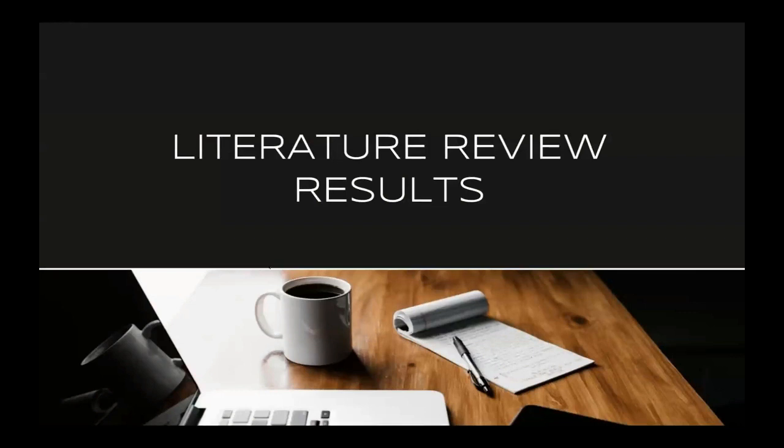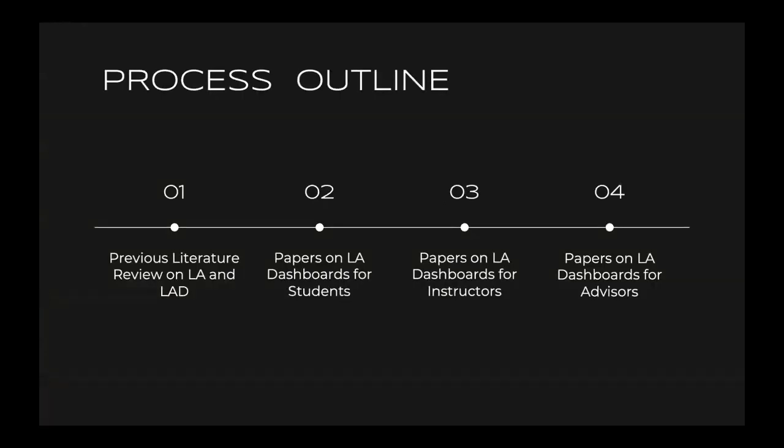So coming to our literature review results. In this slide I've outlined our process for deriving results in a structured manner. Initially, we delve into previous literature reviews on learning analytics and learning analytics dashboards.